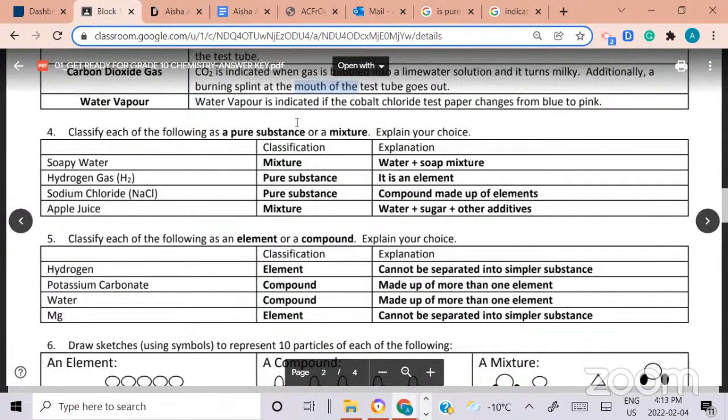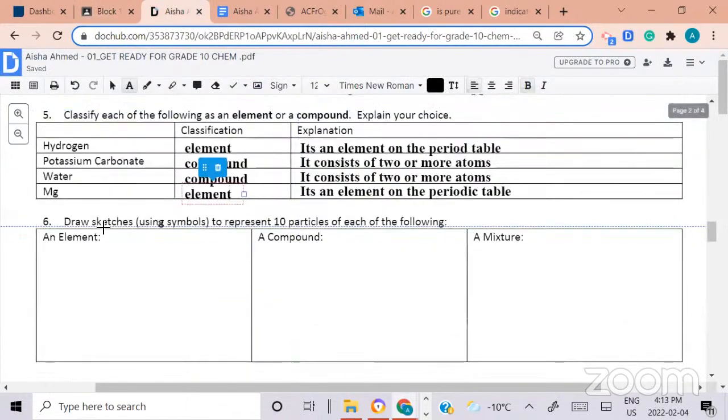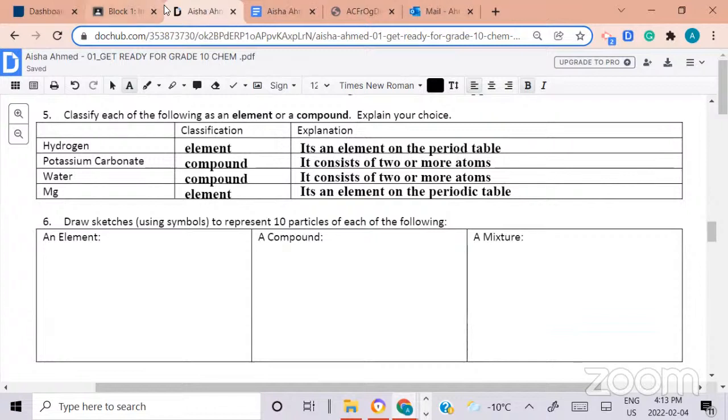Okay. Now for the next part, an element would have like one type of atom, right? Like an element, let's say we take oxygen.